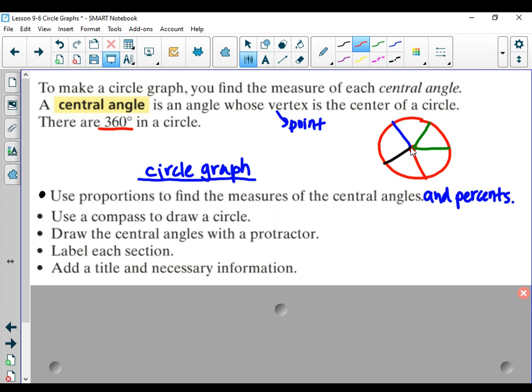And the nutritionist was probably figuring out this proportion thing right here, the percent that they should eat. So I'm going to use the proportions twice to find the central angles and the percents that Drake was just talking about.